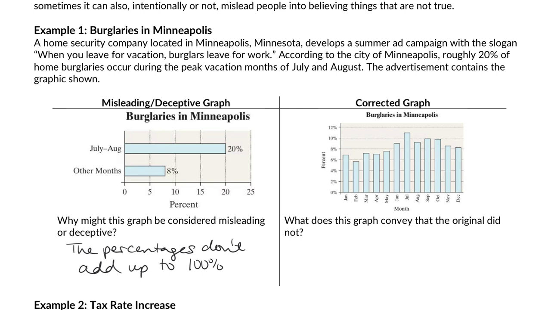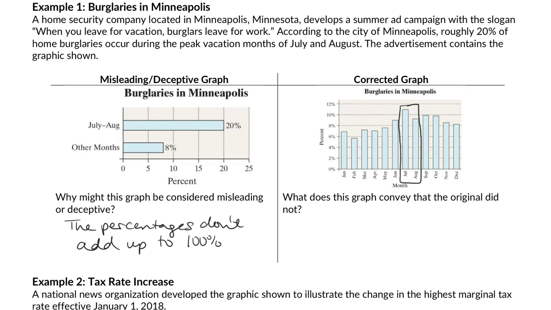If we're still looking at July and August compared to all of the other months, and we added those two together, it would still be rather high in the amount of burglaries occurring in these months. We can still see what point they're trying to prove in this ad campaign, but it's not as drastic as they showed originally. It's an ad campaign to try to get us to use their services, so of course they're going to make it look like what they want it to look like.